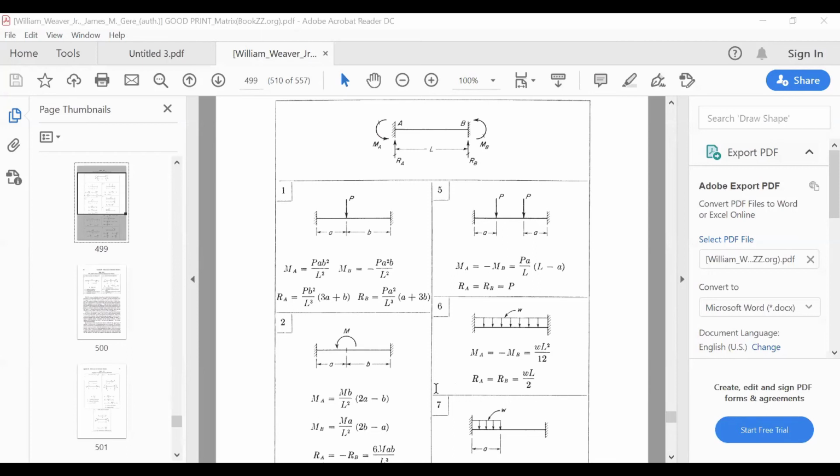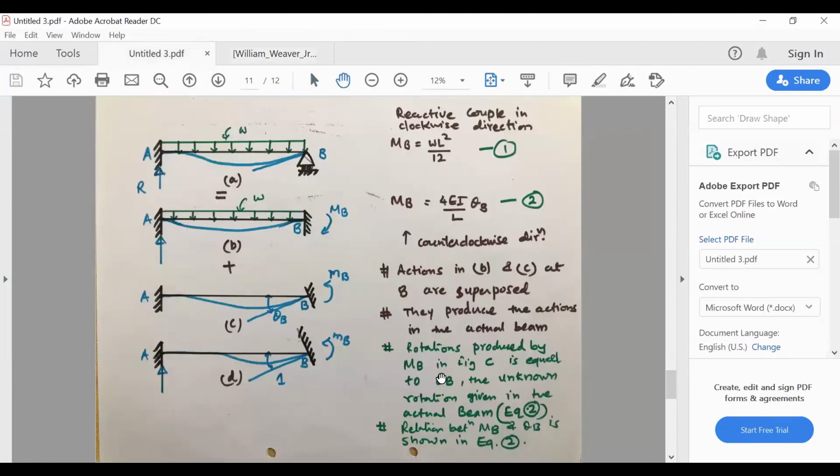Just to introduce the concept of the stiffness method, what is the first step? We have made the structure kinematically determinate. Now we introduce the artificial support where rotation is made 0. Then the moment generated because of that is nothing but the fixed end moment.